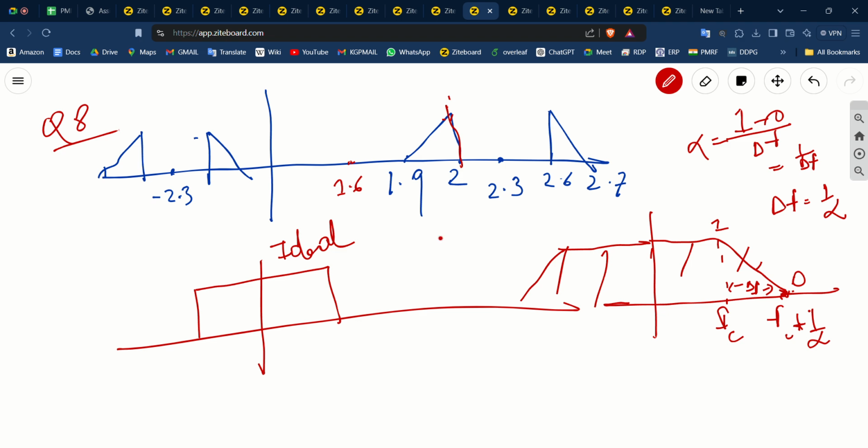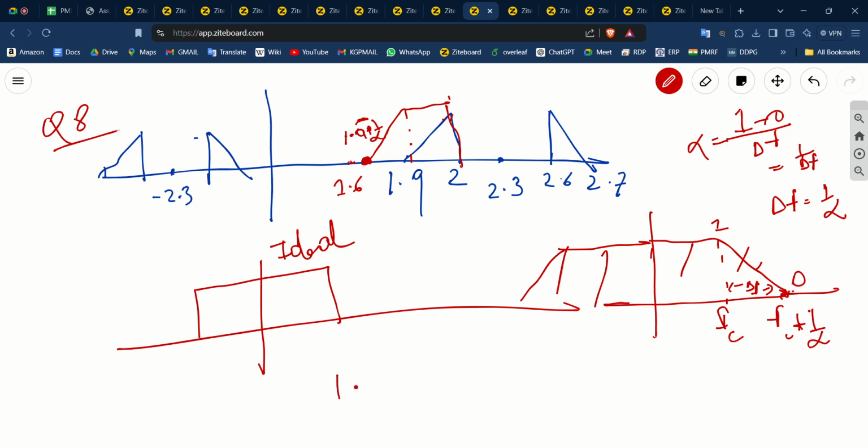So it will of course be constant. It will of course pass till 1.9 because we have to get the sideband, and then it will finish at alpha. So it will start from 1.9 and it will finish at 1.9 minus 1 by alpha, because we are going to the left.